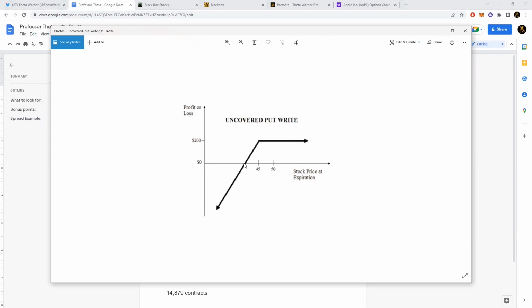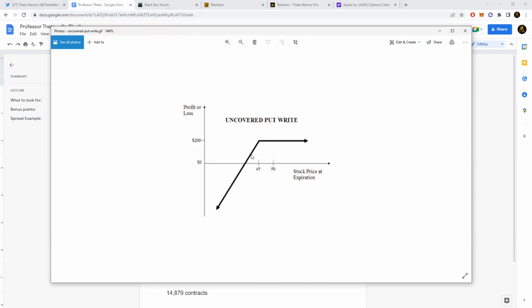Where this line goes to 0, that's 43. So we know that this trader now technically owns the stock at 43. So 45 strike minus $200, they have a 43 break-even price. Anything below 43, they lose money exponentially, in theory, if it's not a cash-covered put. But they'll make money anything above 43.